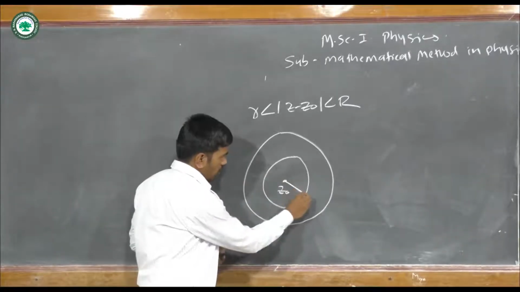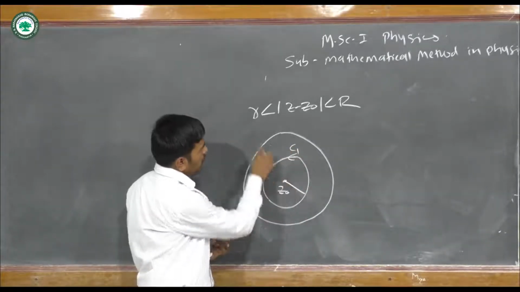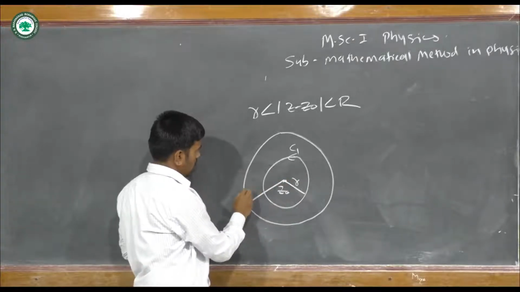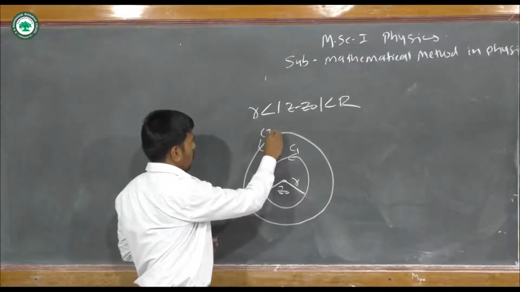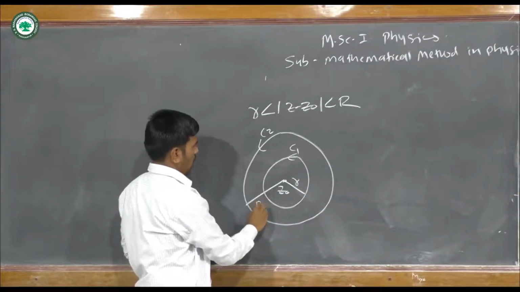The radius of this circle is c1, that is the small r, and this is c2, and the radius of this circle is the capital R.